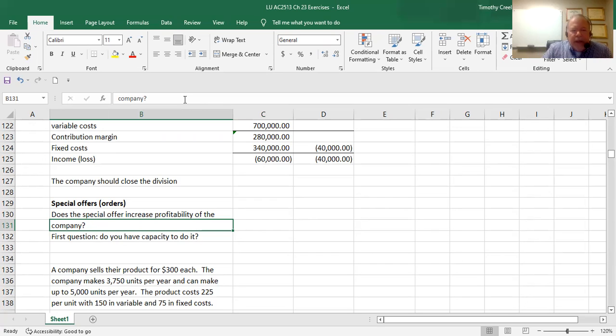So the first question you want to ask yourself here is, do you have the capacity to do it? And here's one thing, special orders usually are at a lower price point than what you charge your normal customers. And so you don't want to bump your regular customers, or hurt those customer relationships, if you don't have the capacity to complete the special order by the time they need it.